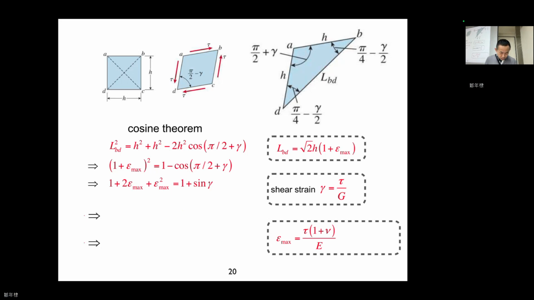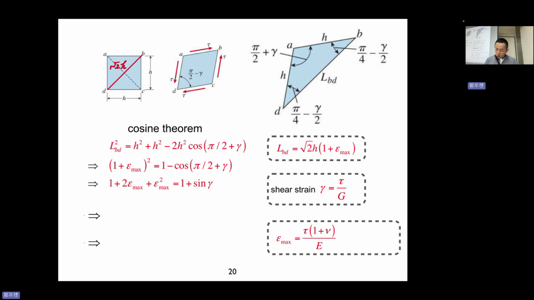Now here is a typical square. You have A, B, C, D, and the square has height h and width h. And then you notice that this BD is square root 2 h, no problem, right?